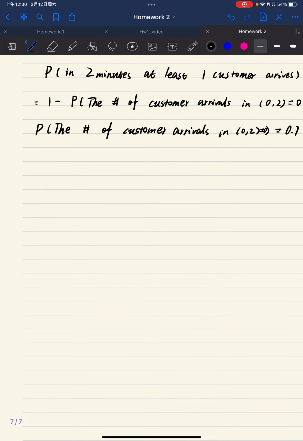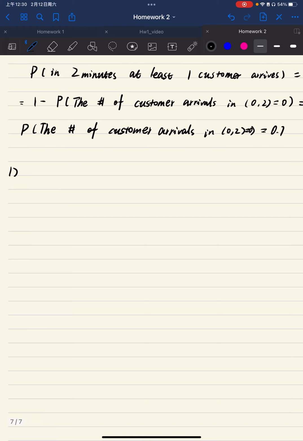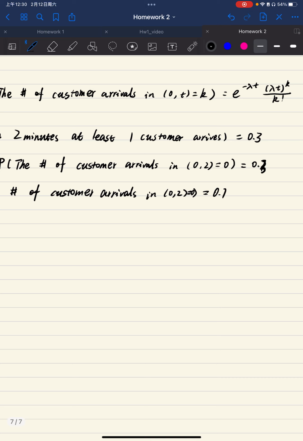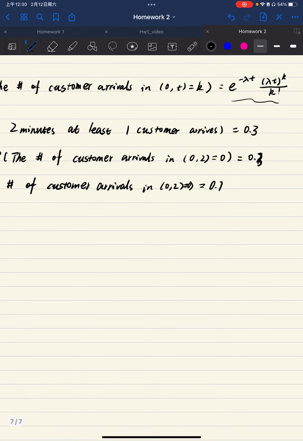And now we can start to solve the problem. The first one is to find the lambda in the Poisson process model.